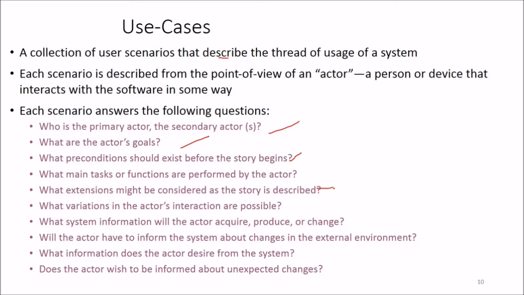What system information will the actor acquire, produce, or change? Will the actor have to inform the system about changes in the external environment? What information does the actor desire from the system? And does the actor wish to be informed about unexpected changes? There are so many scenarios, answers and questions you need to go through.